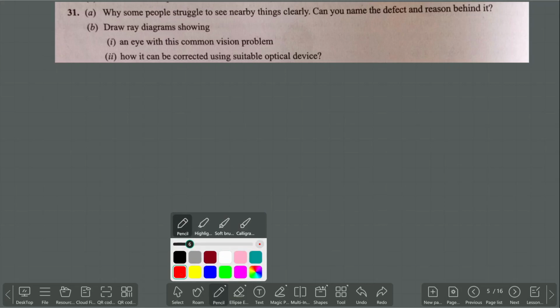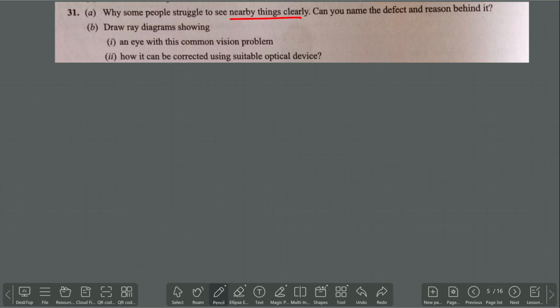Sorry, the question is, why do some people struggle to see nearby things clearly? Nearby things clearly means they are not able to see that object. Clear? That means he has a certain defect. So if a person cannot see a nearby object, what type of defect is he suffering from?